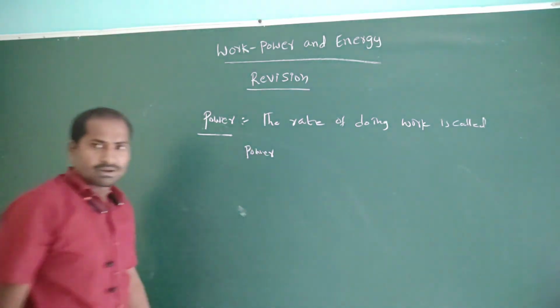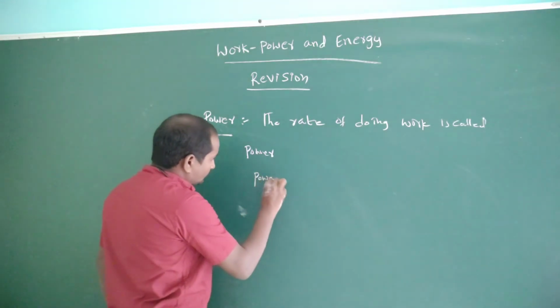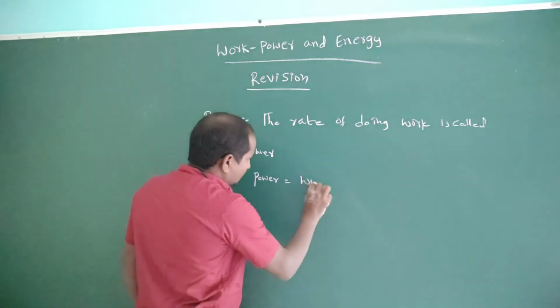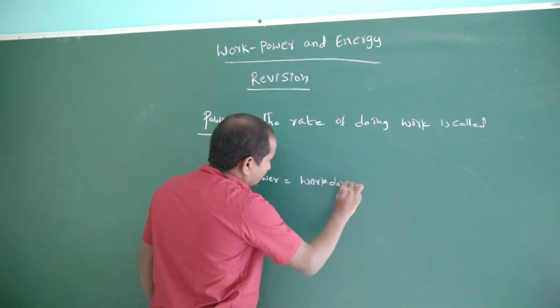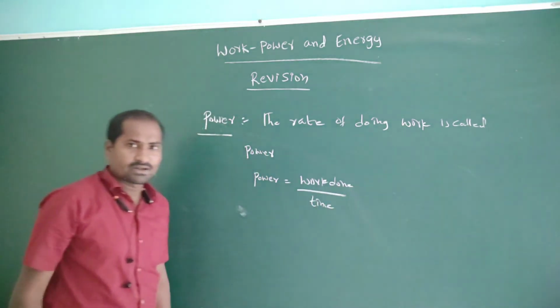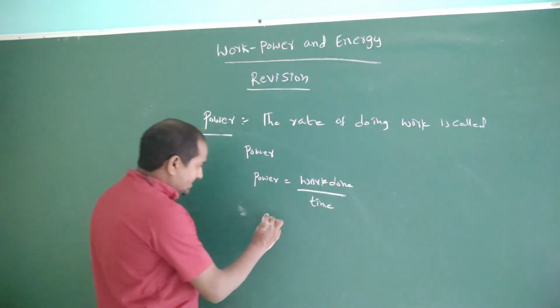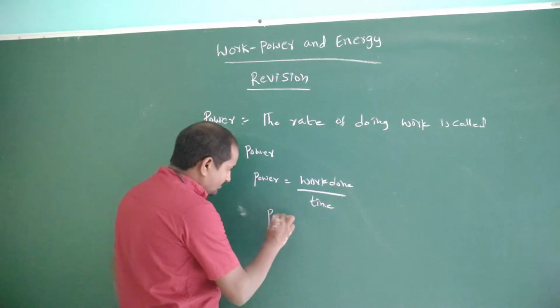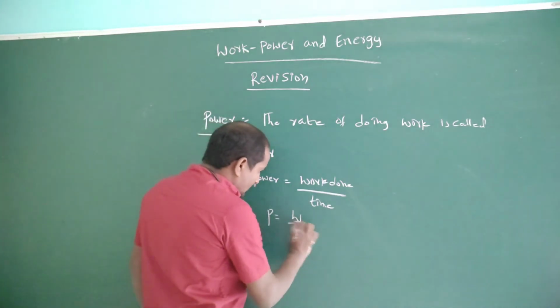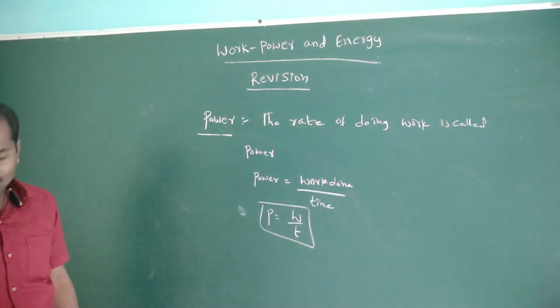So power equals work done by time. Power is indicated with the letter P. P equals W by T.